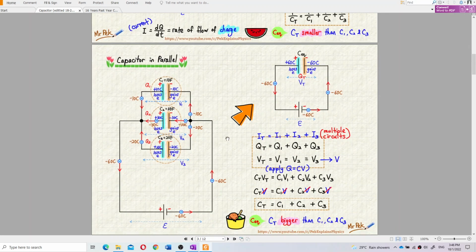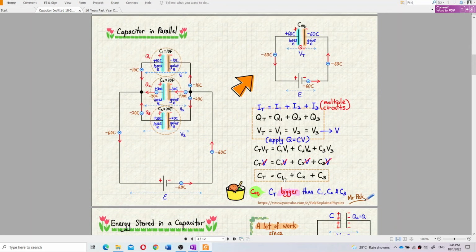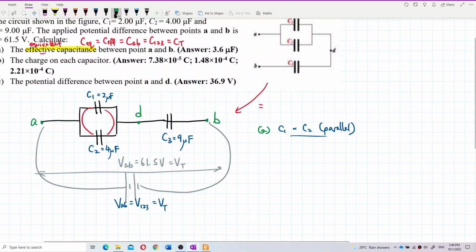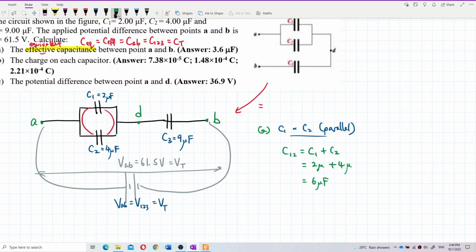That means the capacitors must be added. So C12 is equal to C1 plus C2. This is 2 micro plus 4 micro. So I got 6 microfarad.